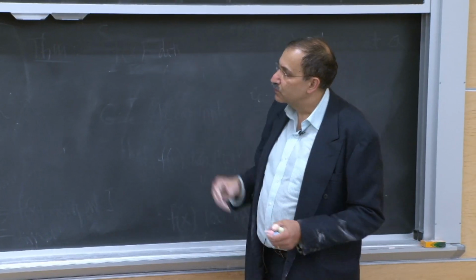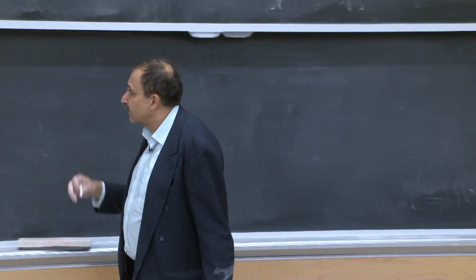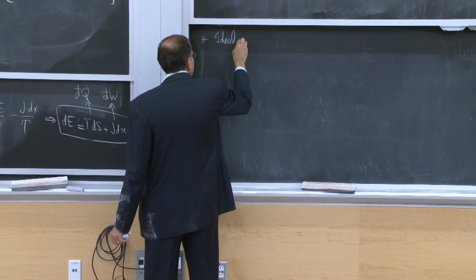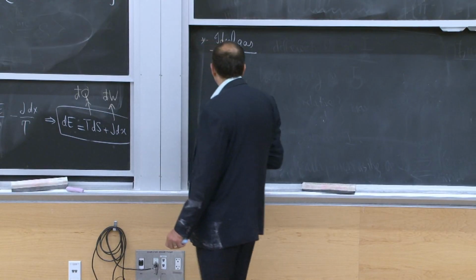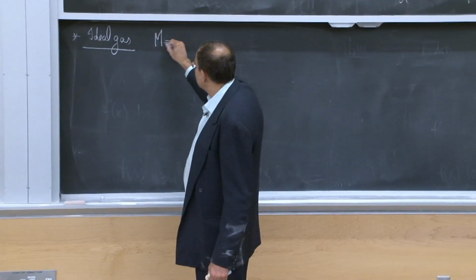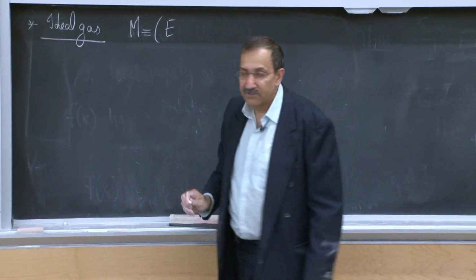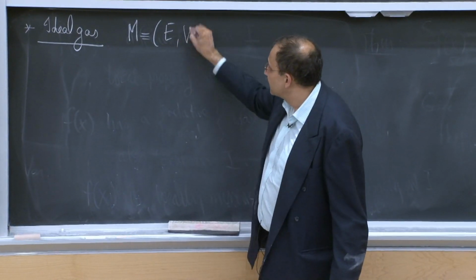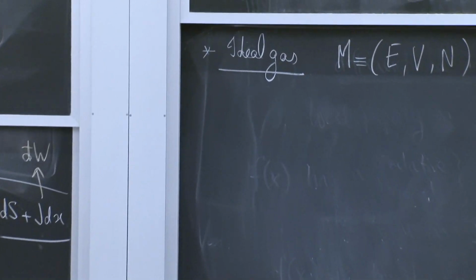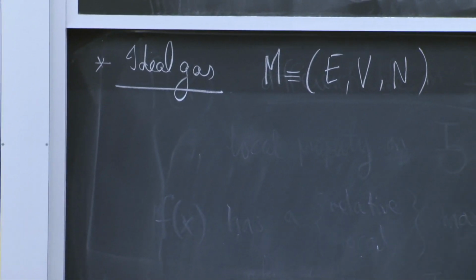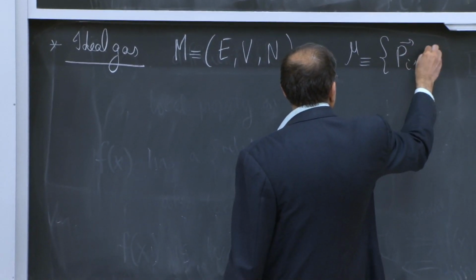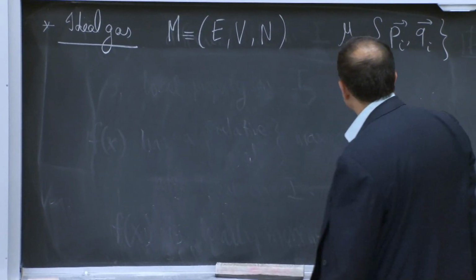So it's good to look at our canonical example, which is the ideal gas. Again, for the ideal gas, if I'm in a microcanonical ensemble, it means that I have told you what the energy of the box is, what the volume of the box is, and how many particles are in it. So clearly, the microstate that corresponds to that is the collection of the 6N coordinates and momenta of the particles in the box.